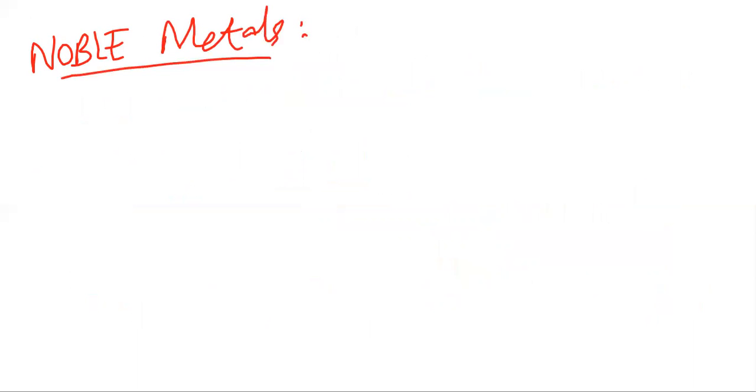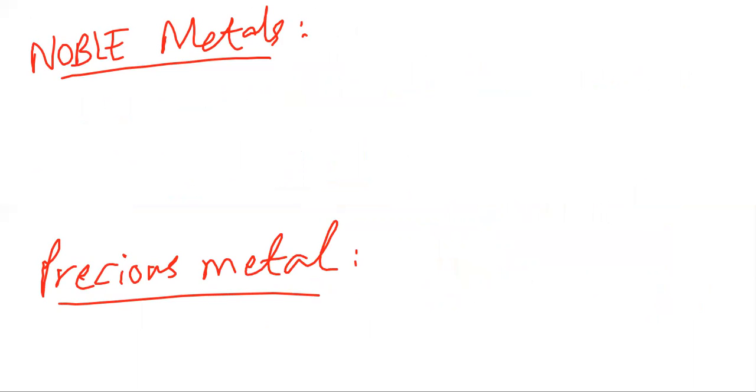Now talking about the second kind, that is noble metals. The third one is precious metal. So what are the noble metals? They are resistant to corrosion and oxidize with difficulty in moisture, unlike base metals.